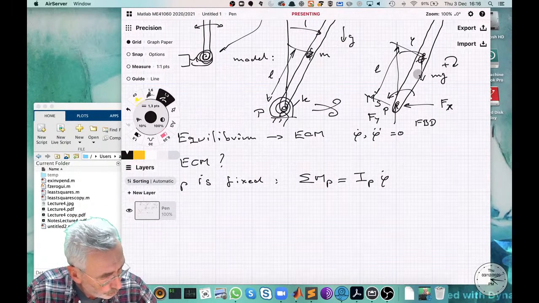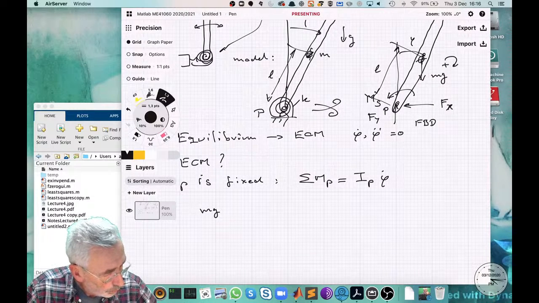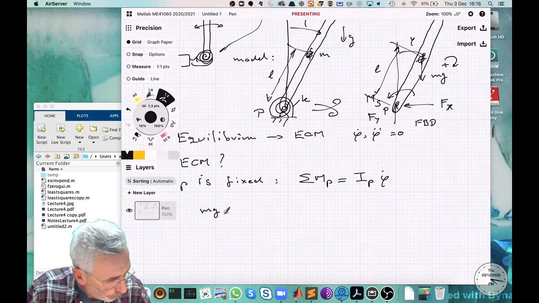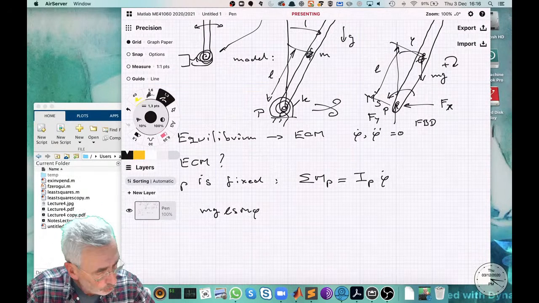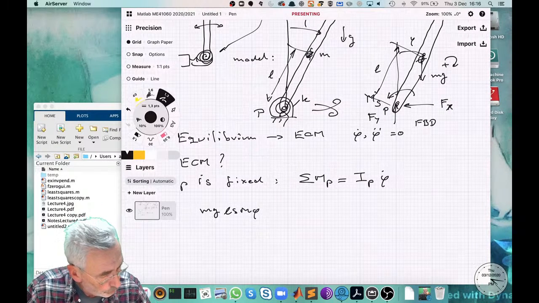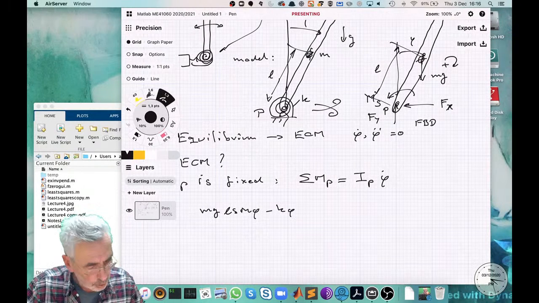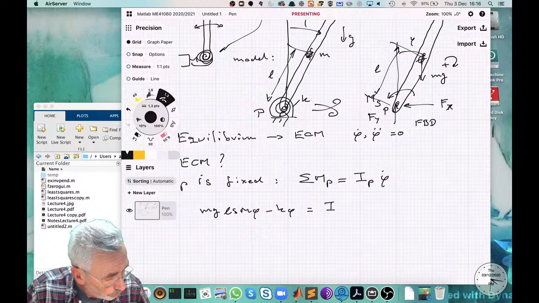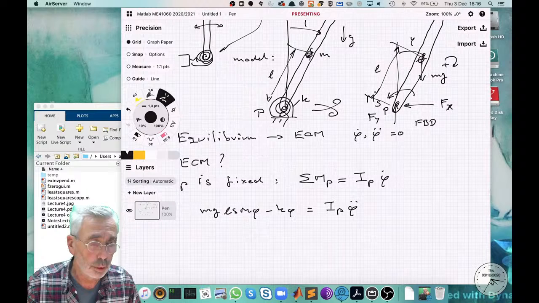First we take the contribution of gravity, so that's mg, and then the arm is L sine phi, and it's plus, right? And then the spring is counteracting this phi, so it's minus k times phi. That's the spring. And then that should be equal to the mass moment of inertia around point P times the angular acceleration.